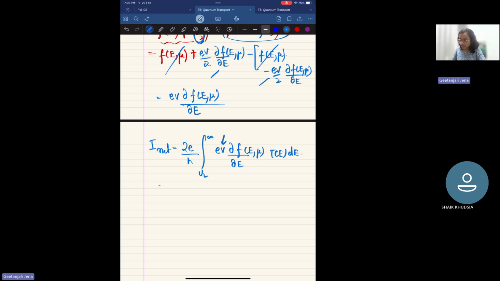That means there is an ohmic-like relation here for the small bias case. So I_net is directly proportional to V, or we can say that Ohm's law is valid when we have a small bias.